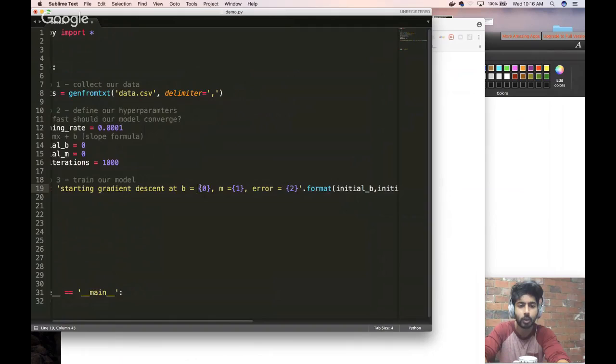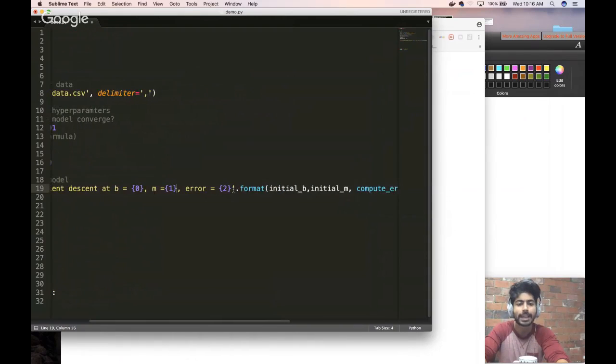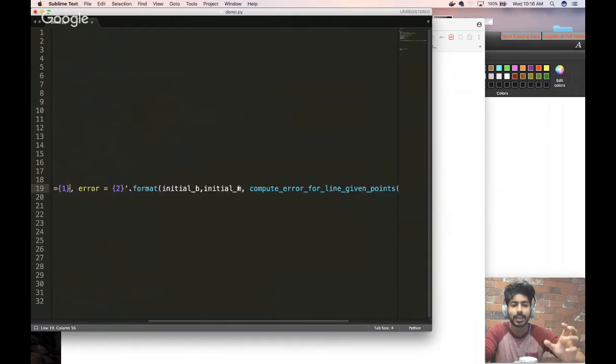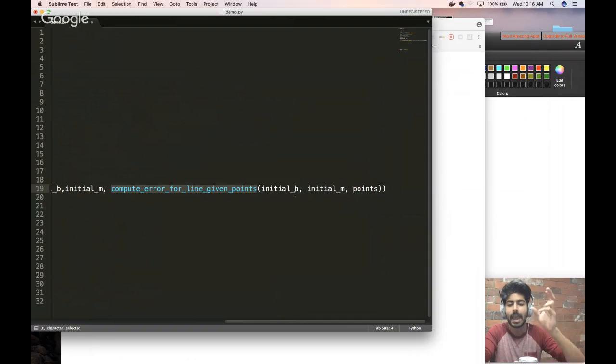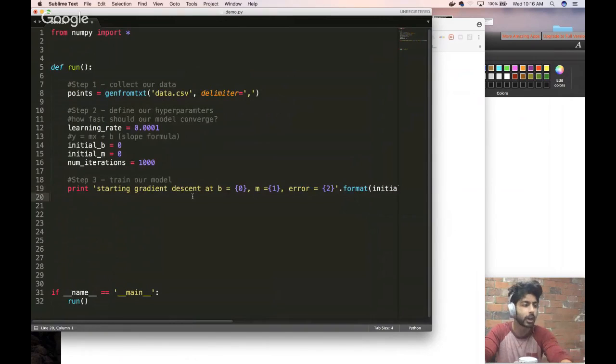So what is our starting y-intercept, what is our starting slope, and what is our starting error? I'm going to show you how we're going to calculate that error. To get that error, given our b and m values, we have this function called compute error for line at given points. It's going to take the b, m, and the points, and it's going to output the error. So that's going to be our starting point.